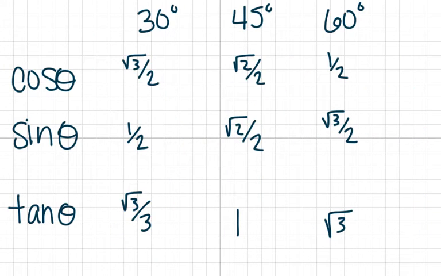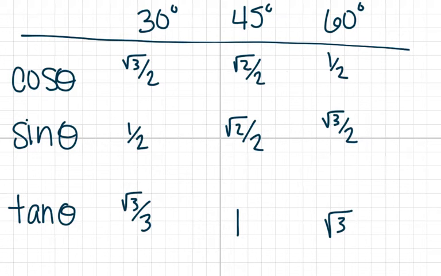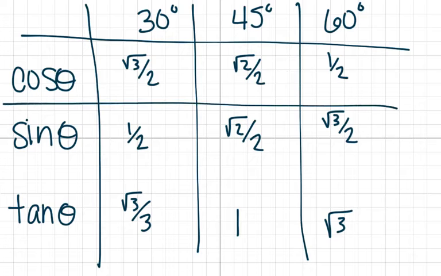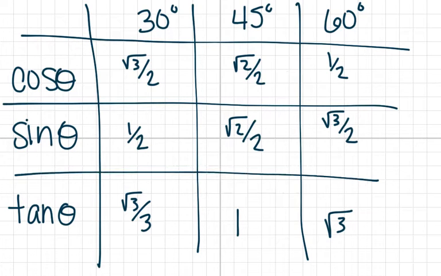So this is a summary of the values that we've just gone through. Now remember, if your reference angle is 30 degrees, then you're going to use these values here in the 30-degree column. Your sign is dependent on which quadrant your angle is in.